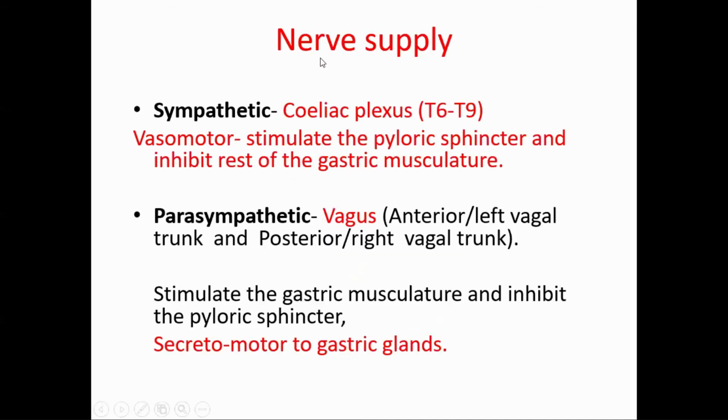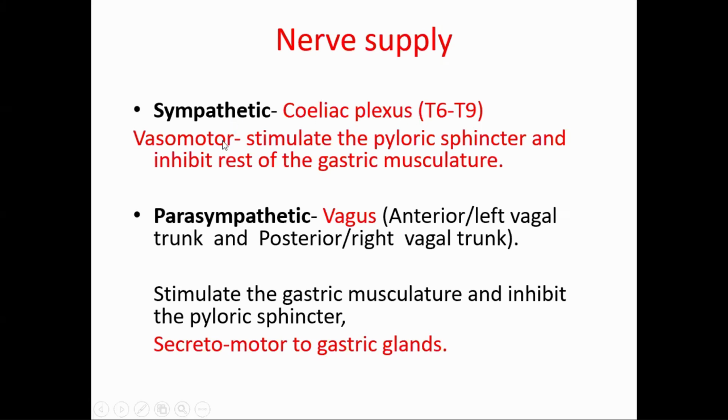Now the nerve supply. They are supplied by the sympathetic and the parasympathetic nervous system. Sympathetic via the T6 to T9 segments of the spinal cord, forming the celiac plexus. Esophagus T5 to T9.